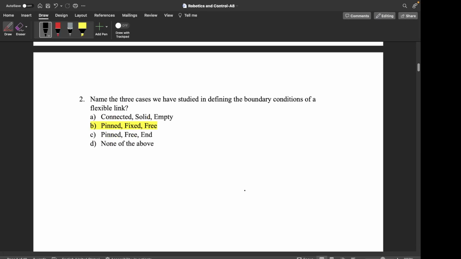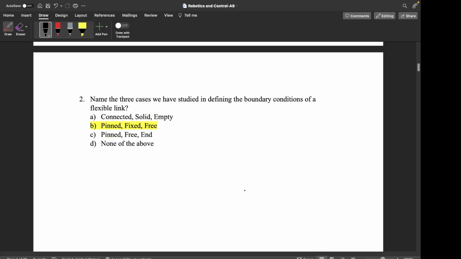So now we come upon the boundary conditions that we have studied in the lectures in case of these flexible links. So we have seen pinned joint, pinned links, so basically a combination of any two of these three.